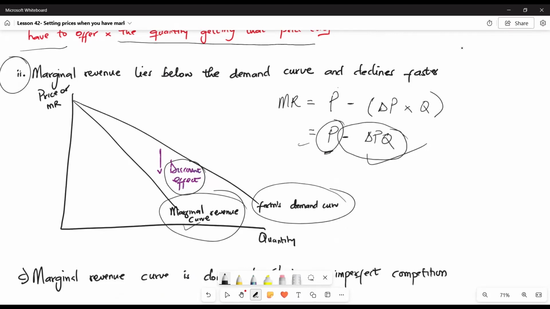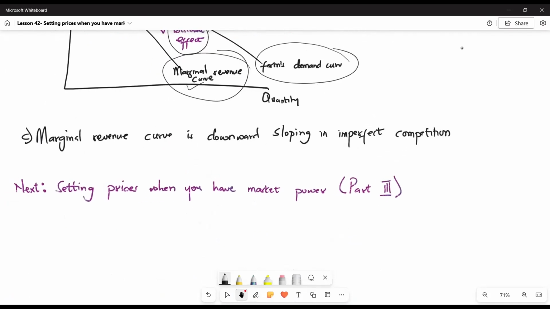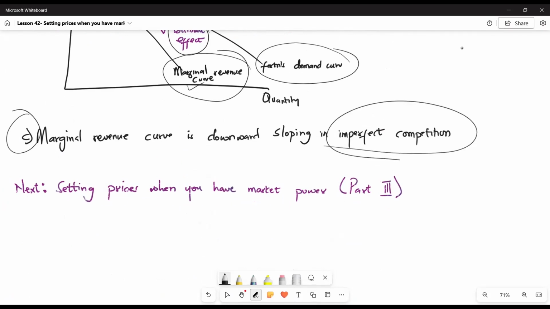So we're also going to build on this to look at our third point here, which is that the marginal revenue curve is downward sloping in imperfect competition. So we know that in imperfect competition, firms have some degree of market power. So what we mean by imperfect competition here, an example is oligopoly or monopolistic competition.